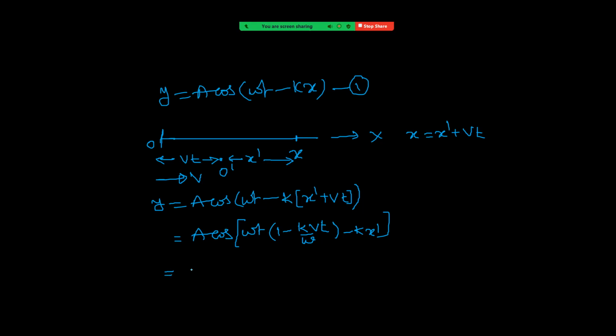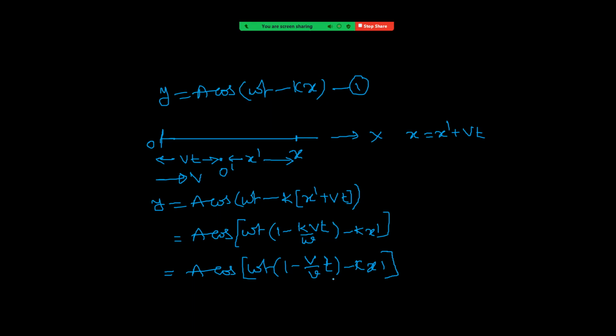Now this becomes a cos omega t into 1 minus, in the place of k by v, see what we can write, v by small v. I am taking small v for the speed of the wave, in the place of omega by k, into t.